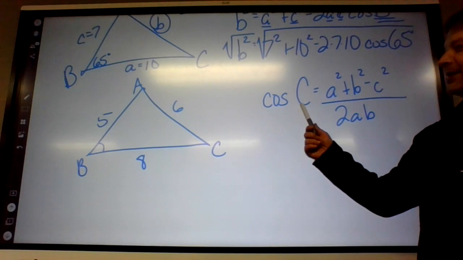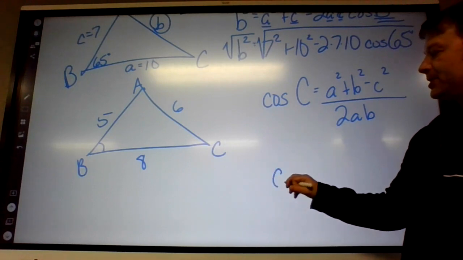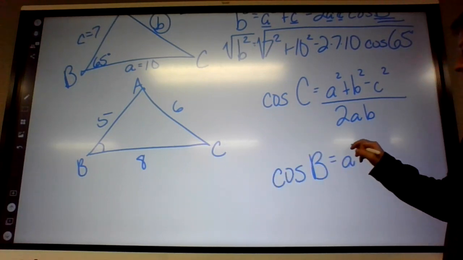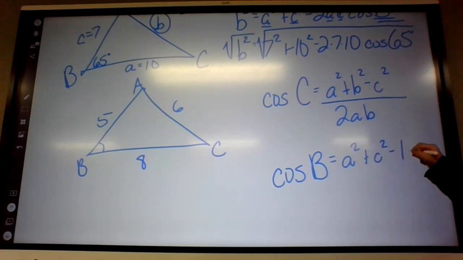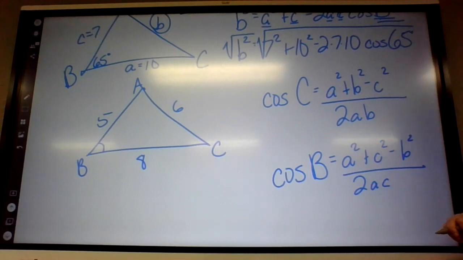Okay, so the way it's set up, this is to find angle C, but what if I wanted to find angle B? Well, you just switch the C's and the B's, kind of like we did on the other one. So these formulas are kind of interchangeable, depending on what side you're using.